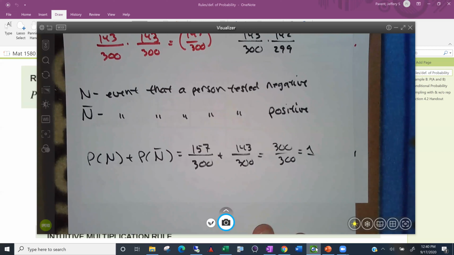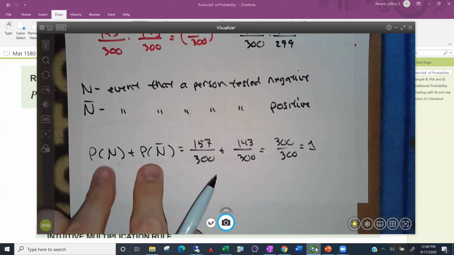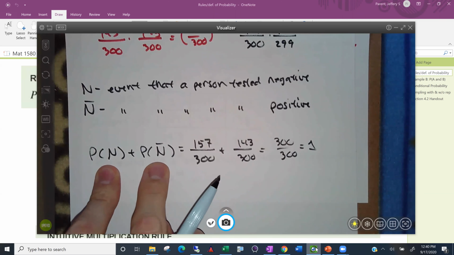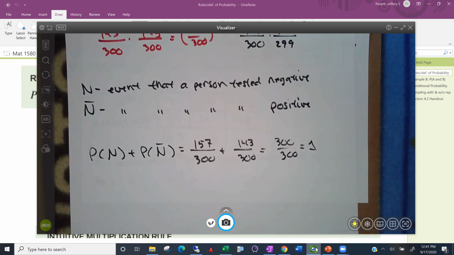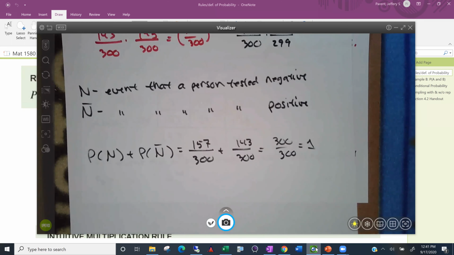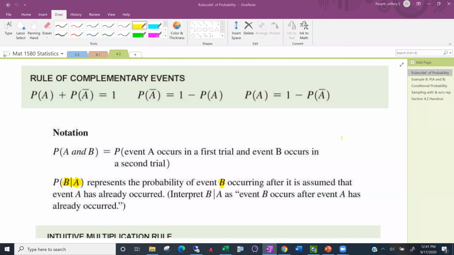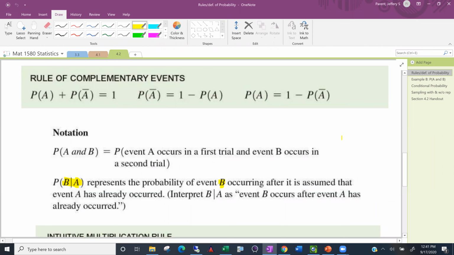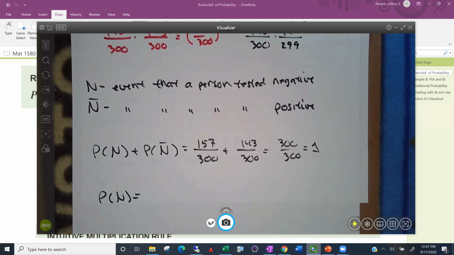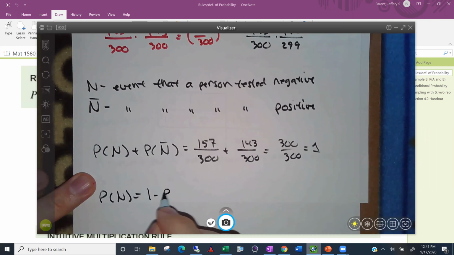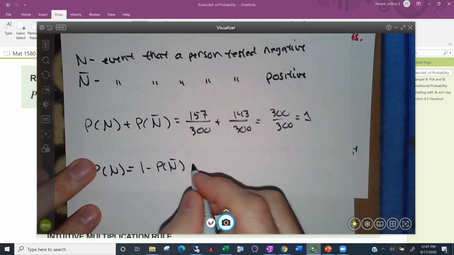Now, an interesting thing you can do with these kinds of results is calculate things indirectly. What do I mean by that? Well, these are your rules of complements. For instance, the probability of N, the probability of a negative result, is 1 minus the probability of a positive result.